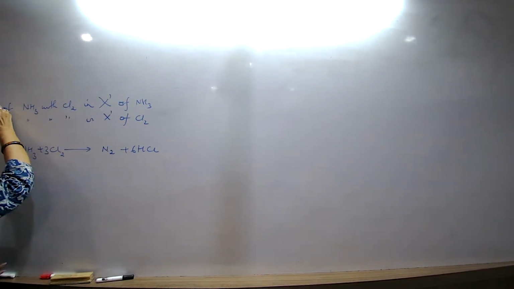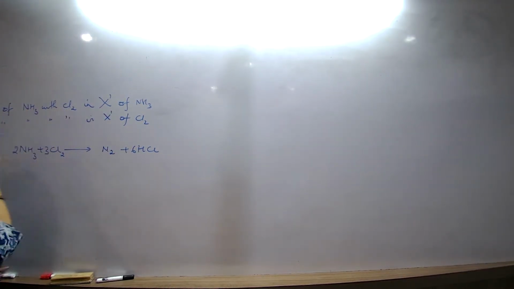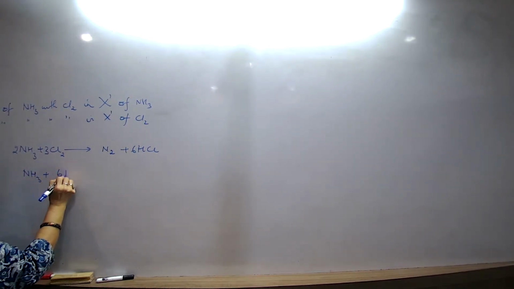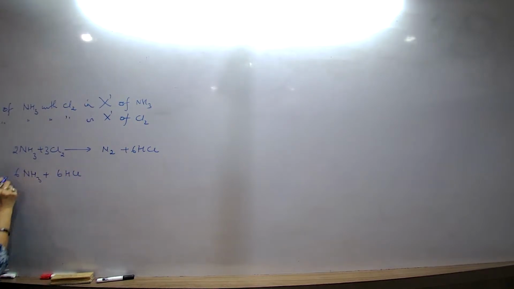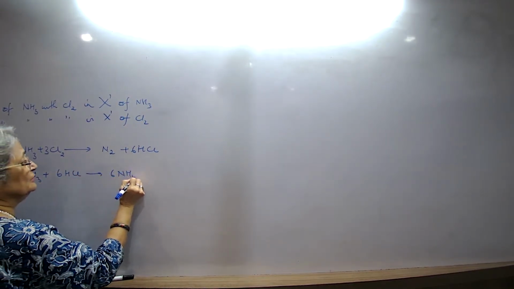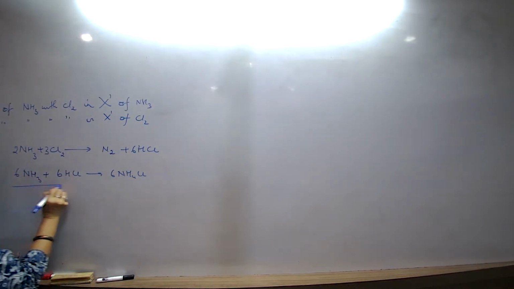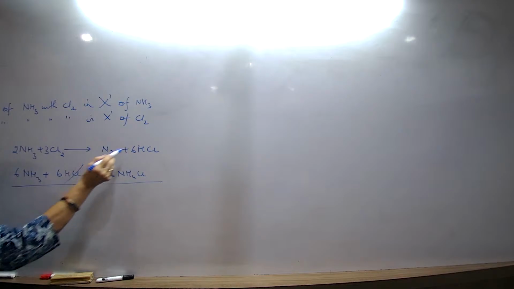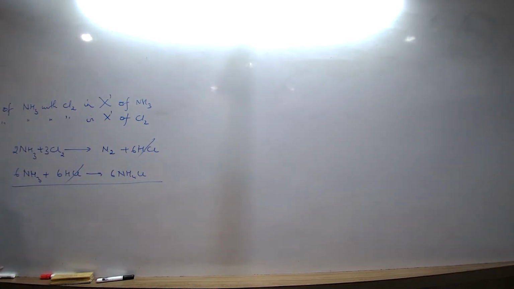Now, excess of ammonia. That means you take more ammonia. Second reaction: NH3 plus 6 HCl. If you're taking 6 HCl, take 6 ammonia. What are you going to get? 6 ammonium chloride. Cut this out, correct?